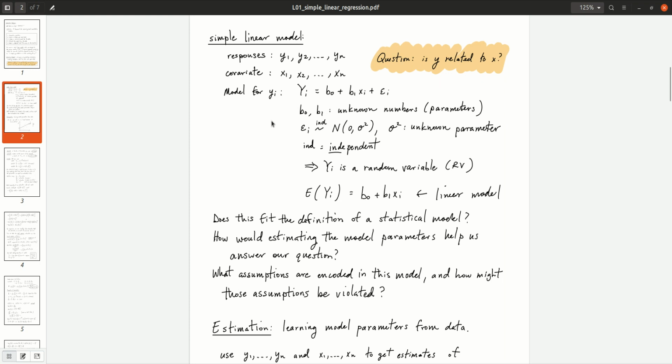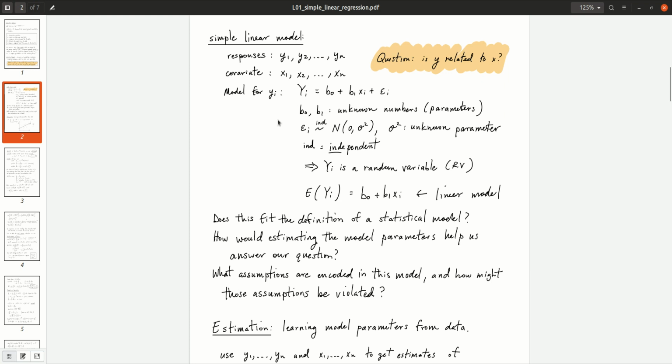All right, so what do all these symbols mean? First of all, one of the notational conventions we'll be using in this course is that lowercase letters refer to non-random quantities and uppercase letters refer to random variables. Now, we'll sometimes break this convention, but we'll try to be clear about when we're breaking it and when we're not. So in the model, we have capital Yi on the left side, so that's a clue that this is going to be a random variable. On the right side, we start with b0 plus b1 xi.